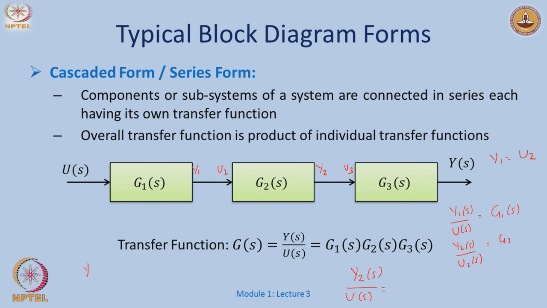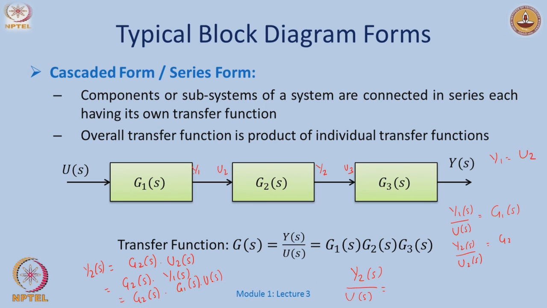Okay. So, Y2(s) is G2(s) times U2(s). Now, what I know is this is G2(s) times Y1(s). Now, what is this Y1(s)? Y1(s) is G1(s) times U(s).